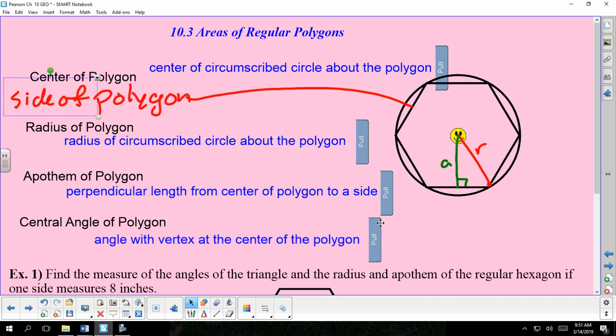And in order to calculate the areas, we don't need the central angle, but what we do need the central angle for is to find these lengths: the apothem and the radius, and sometimes the side of the regular polygon.